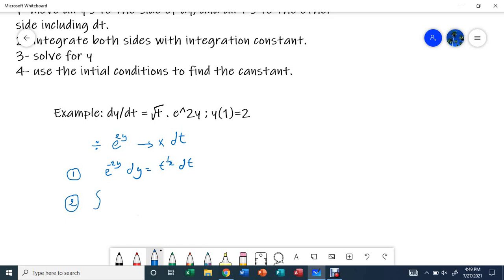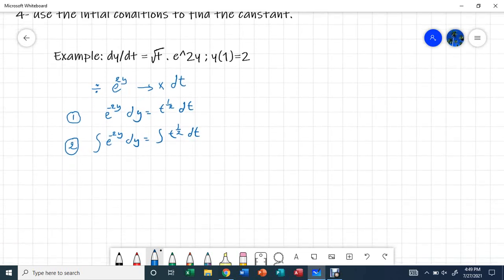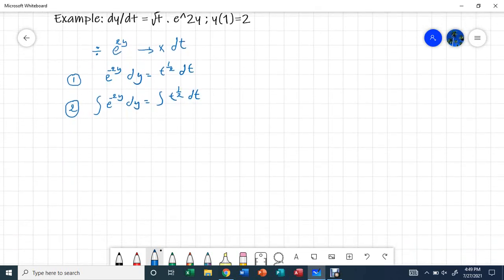So the integral of e to negative 2y dy equals the integral of t to 1/2 dt. Now let's find out what's the integral on the left hand side using the chain rule.